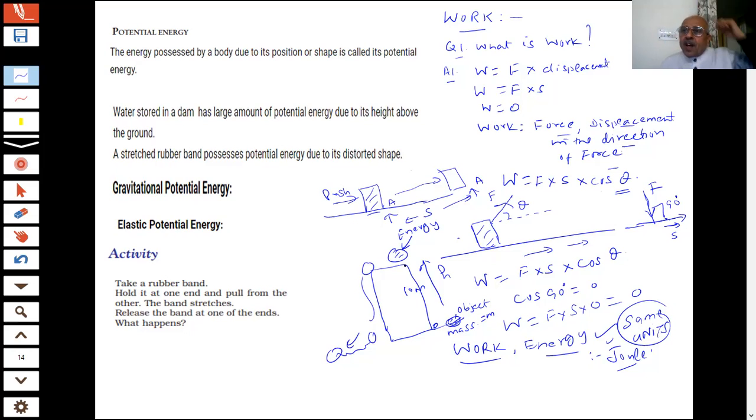So, students, what we are saying is that when work is done on an object, it becomes energy stored in that object, and that object can do the work at the same time, or at some other time. That is why we define energy as the ability or capacity to do the work.